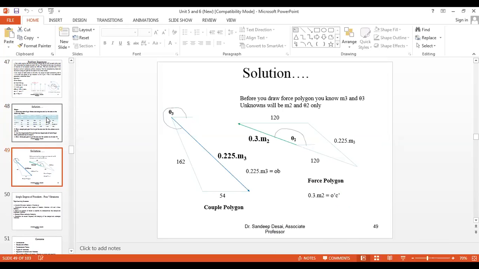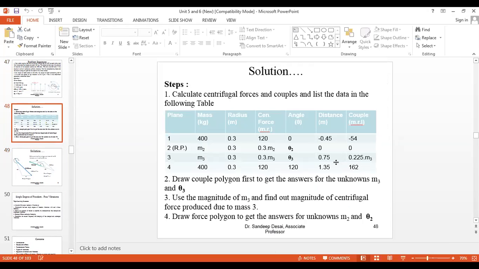As we discussed earlier, looking at the data summarized in the table, which consists of magnitudes of centrifugal forces, centrifugal couple, angular positions of planes of various masses, and distances between various planes, you will see that there were some unknowns: the angular position of plane 2, theta 2, and of plane 3, theta 3, are not known.